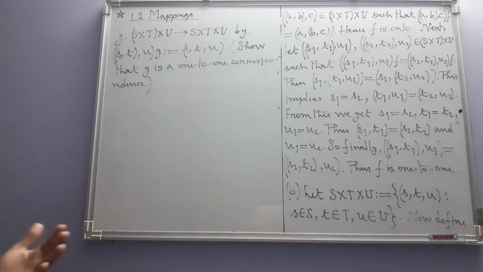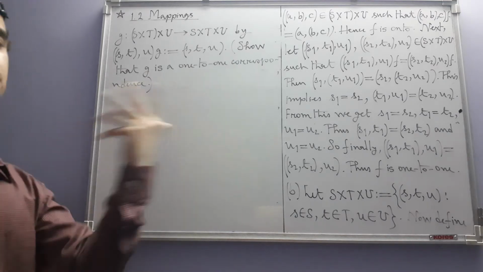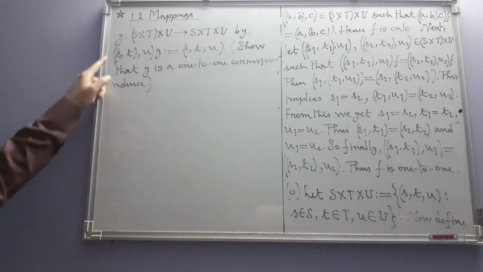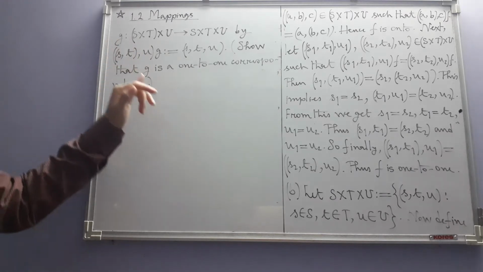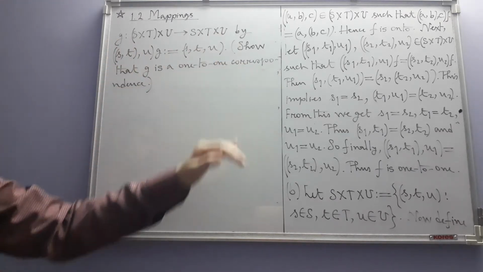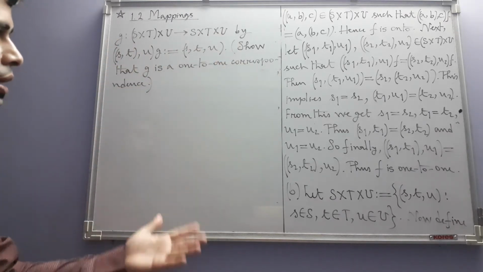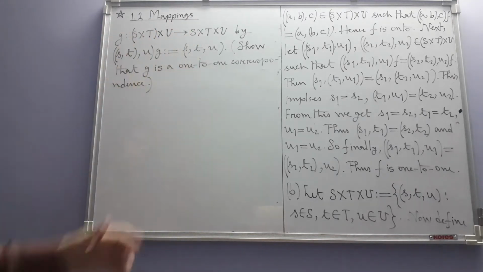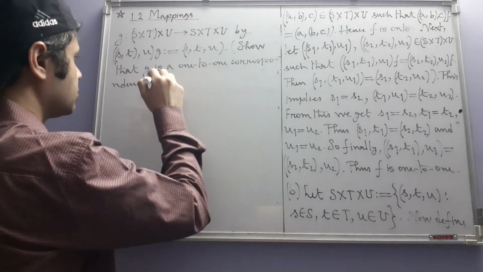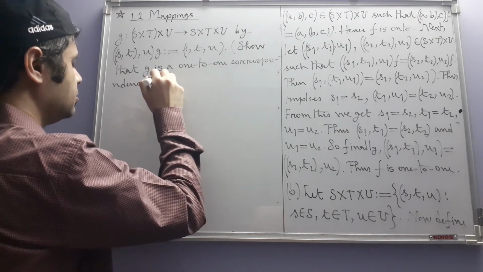Now I am assuming that you have shown this. Okay, we now have the fact that this mapping is a one-to-one correspondence. Now how can we use this G and that F to create a one-to-one correspondence between this set and the other set? Okay, now here we are going to write it.